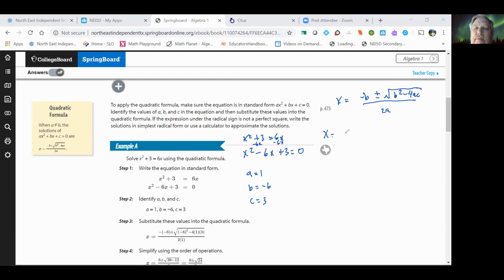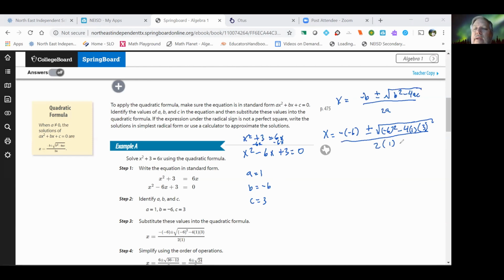So x is equal to the negative of negative 6. So it's negative negative 6 plus and minus the square root of negative 6 squared minus 4 times the a value, which is 1, times the c value, which is 3, all that over 2 times the a value.